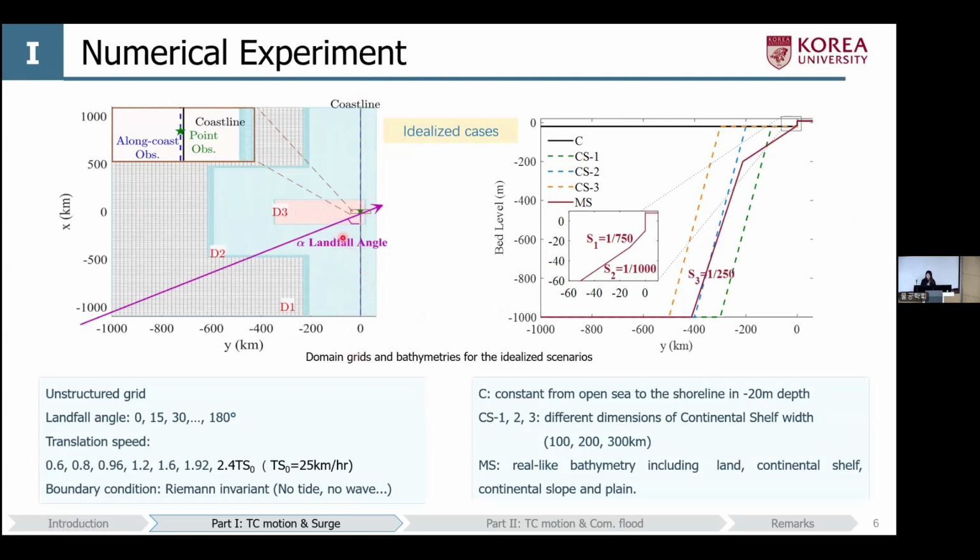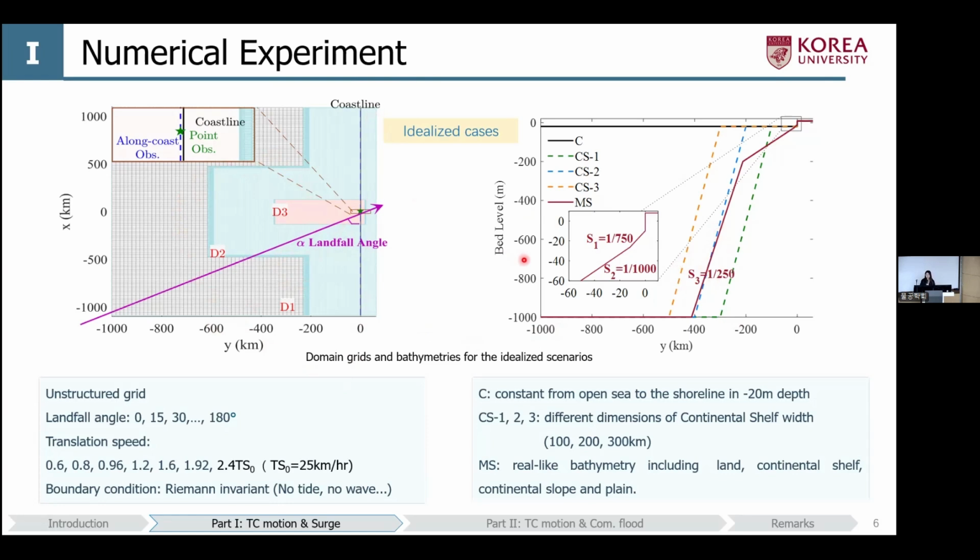The angle is the right-hand angle between the landfall track and the coastline. This figure is the numerical domain, and another figure represents 5 different bathymetries we will use.